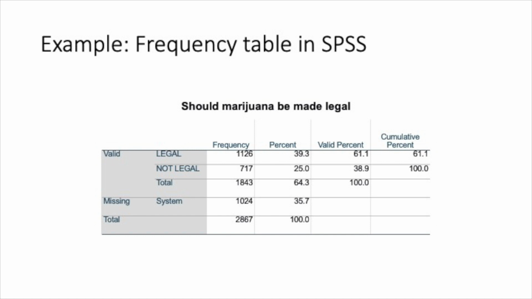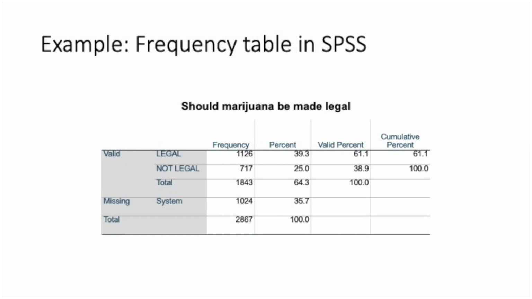This just means that of our full sample, of all of the people who are in our sample for this analysis, 1,024 participants are missing a response to this particular question. And for the most part, it's not people who are skipping the question by choice.